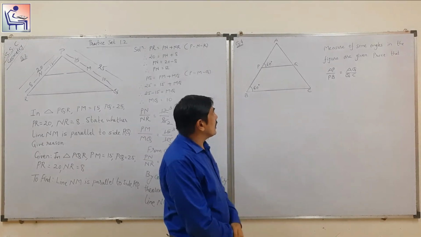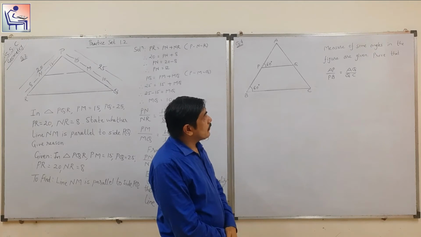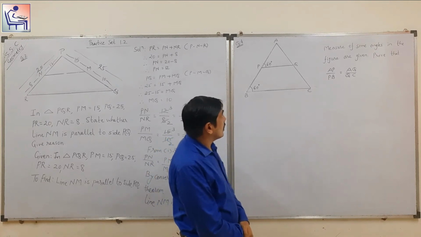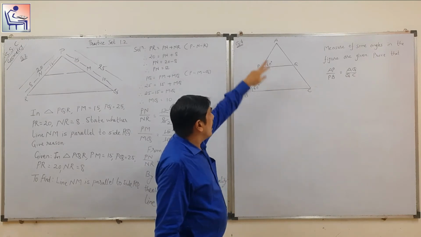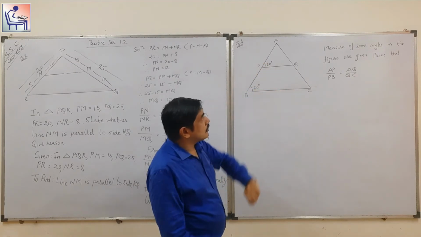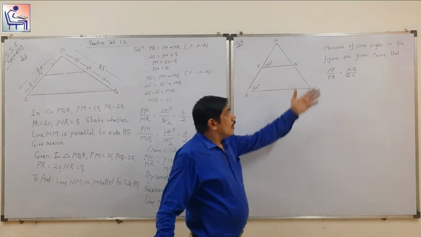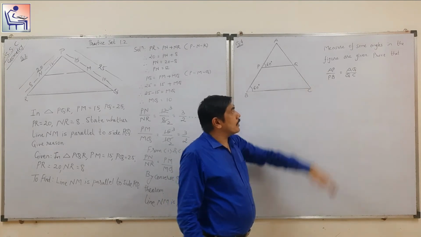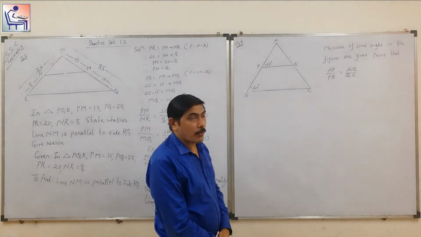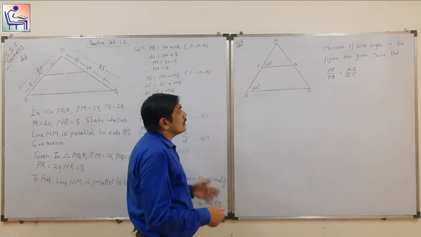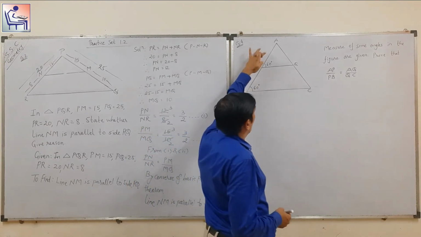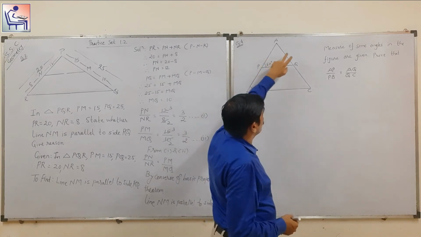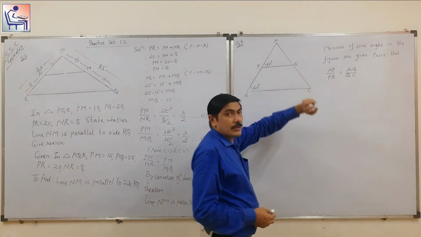Here in this triangle ABC, the measures of some angles in the figure are given. You can check angle APQ is equal to 60 degrees and angle ABC is also 60 degrees. Prove that AP upon PB is equal to AQ upon QC.